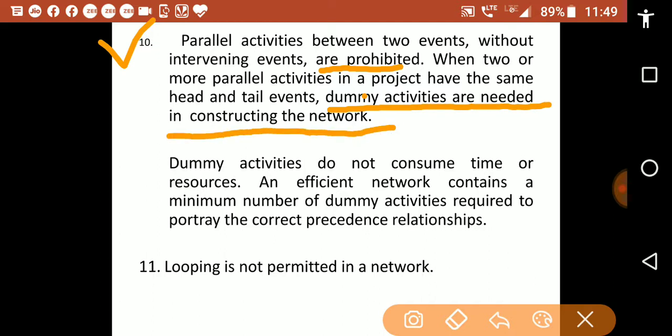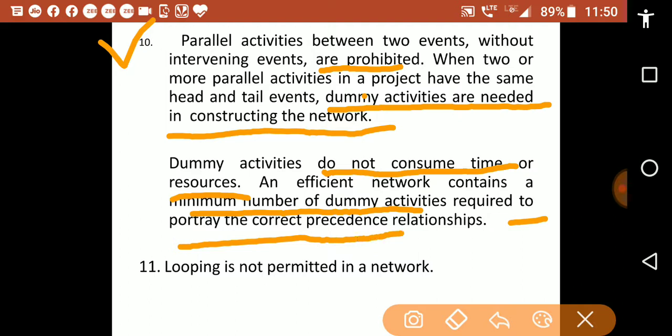Dummy activities do not consume time or resources. An efficient network contains a minimum number of dummy activities required to portray the correct precedence relationship.